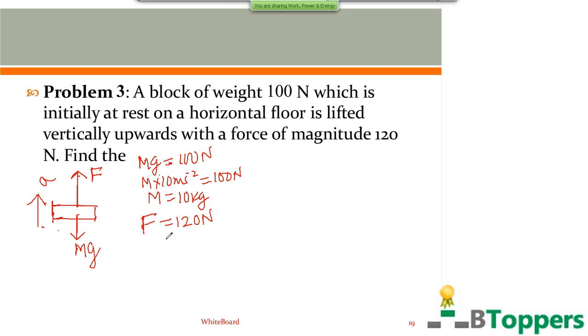So the resultant force on the block acts vertically upwards, and the acceleration is also directed vertically upwards. Therefore, the magnitude of the resultant force on the block is equal to the magnitude of the lifting force applied minus the magnitude of its weight mg. From Newton's second law, the magnitude of the resultant force on the block can be written as the product of its mass and acceleration.